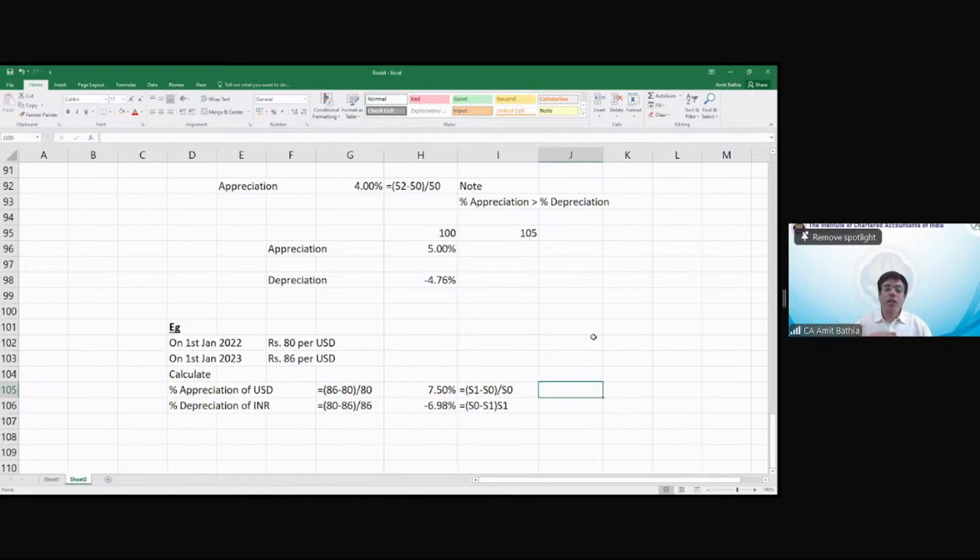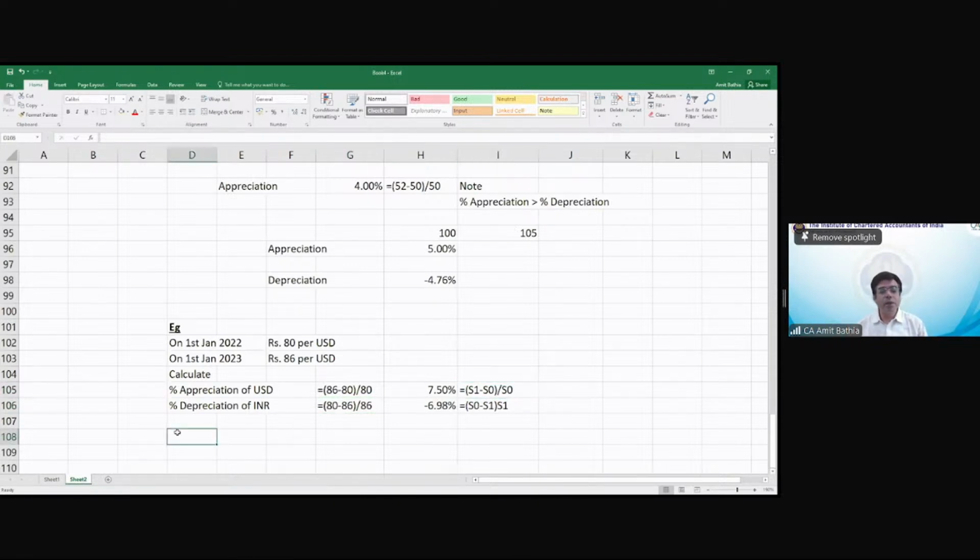Now, when I'm talking about depreciation, my new value is a depreciated value, right? So this is supposed to be my base. Now between these two values, 80 is higher or 86 is higher? 86 is higher, right? So that is the reason here in the denominator we take 86 because that is my higher value, right? It becomes easier for you to remember.